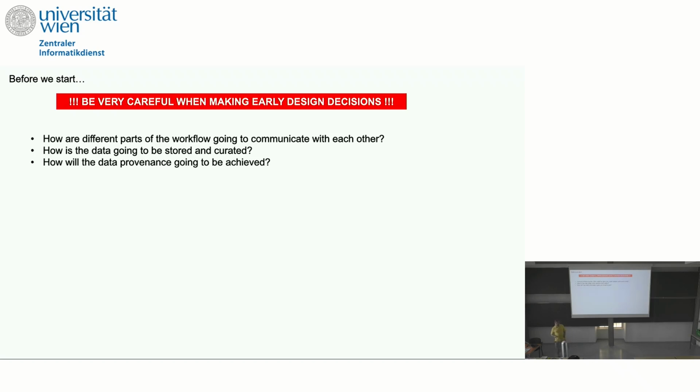Get an idea of how different things are going to communicate. That's what I mean, a general overview. How are things going to talk to each other? What needs to be coupled? What needs to be loosely coupled? Right? How is data going to be stored and curated? Right, that's very important. And how am I going to achieve data provenance?